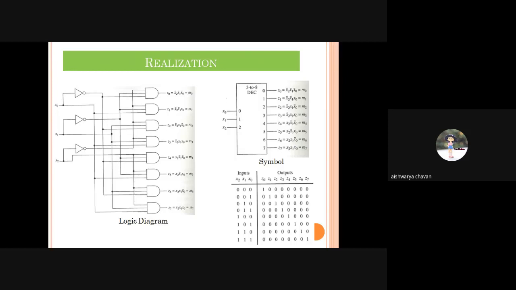Now we will see this by using the NAND gate. When we use AND, only one output you will get at the output. So what are the minterms there? x0 bar, x1 bar, x2 bar, that will be equal to m0, that is minterm 1.